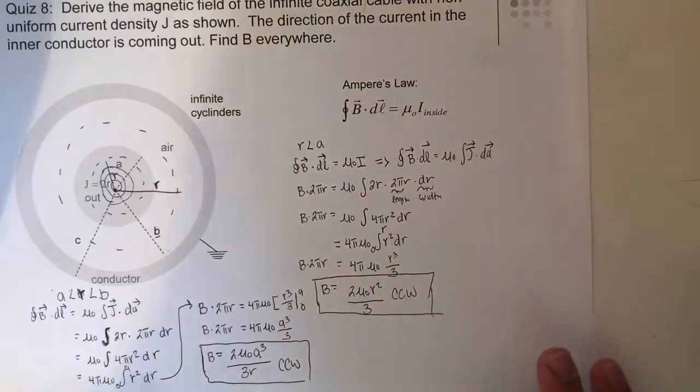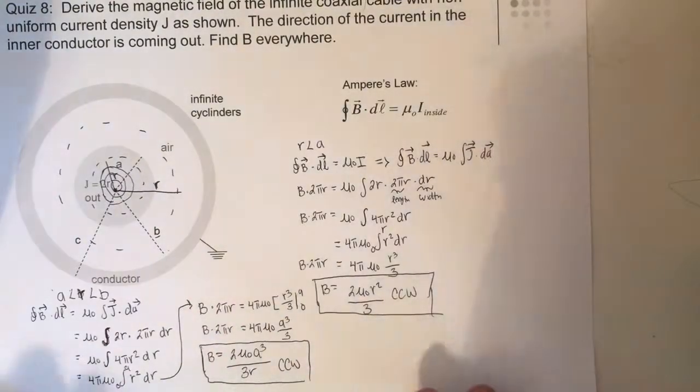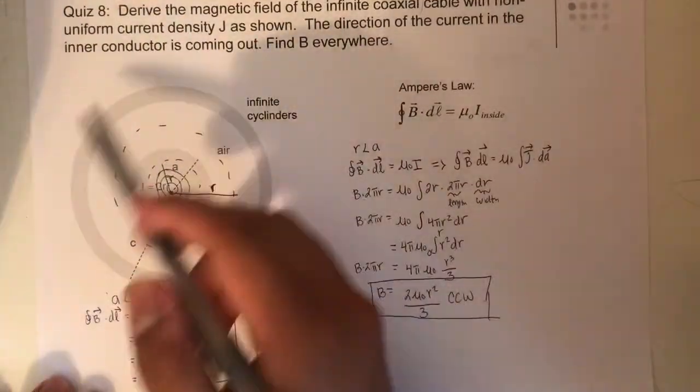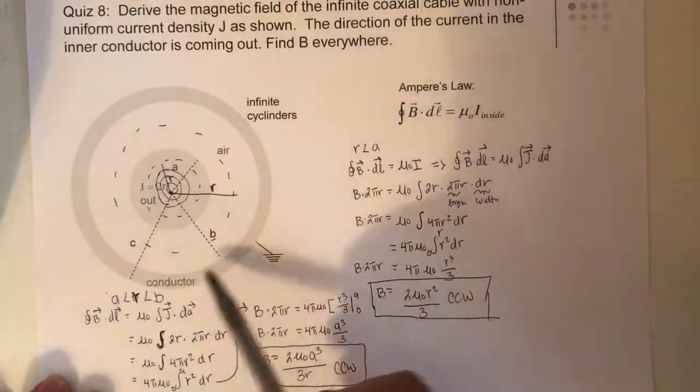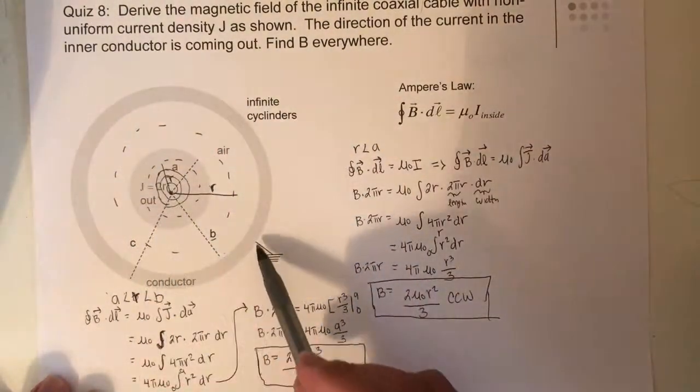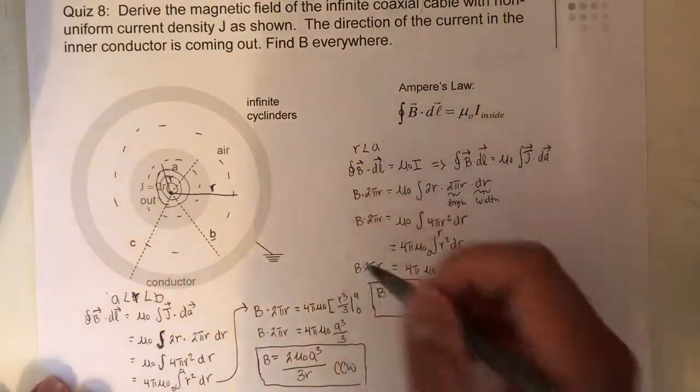Next, we'll find the magnetic field when r is greater than b, on this Amperian loop right here.